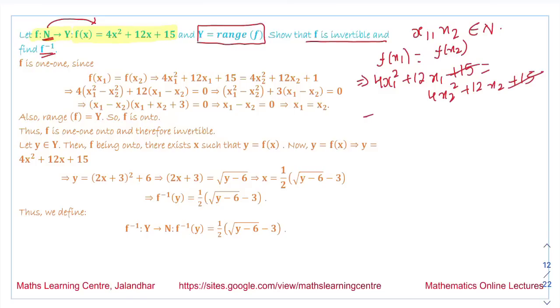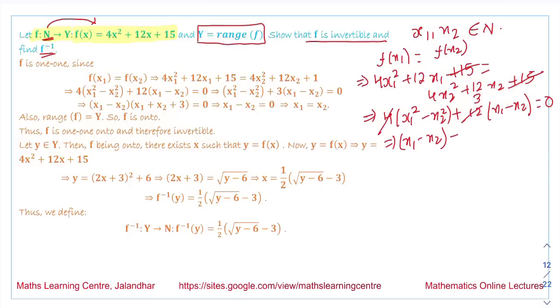So this 15 gets cancelled, and we are left with 4 times x1 square minus x2 square plus 12 times x1 minus x2 equal to 0. So this implies, if we take this 4 common, we are left with 3 over here, and if we take x1 minus x2 common, we are left with x1 plus x2 plus 3 is equal to 0.